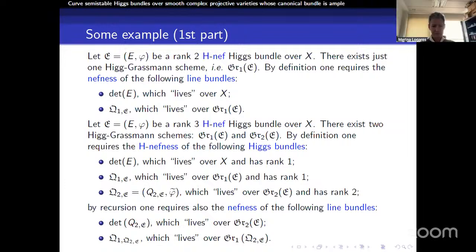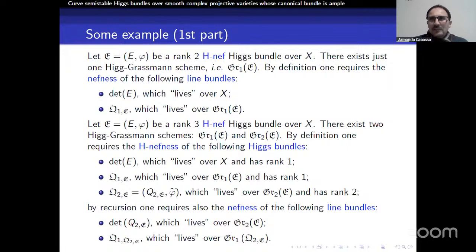Again. Okay? So at the end of the day, the Higgs nefness and the Higgs ampleness are equivalent to the nefness or the ampleness of a collection of line bundles which lives over projective schemes. This is the idea.